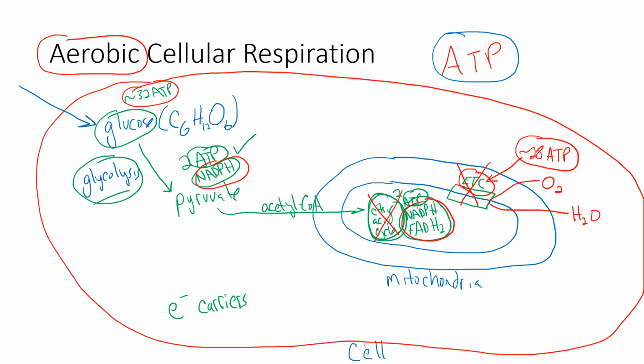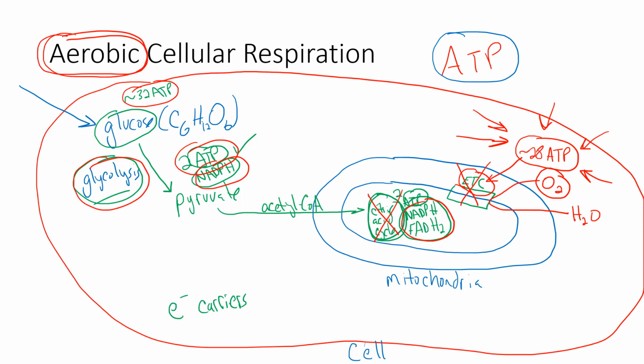The only thing that can happen in the absence of oxygen is glycolysis, and glycolysis only yields 2 ATP per molecule of glucose. So in order to provide the energy requirements of the cell, the only way to do that is in the presence of oxygen. So oxygen requiring means it's aerobic, right?